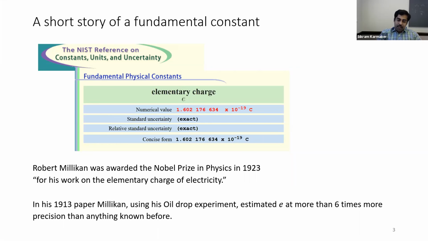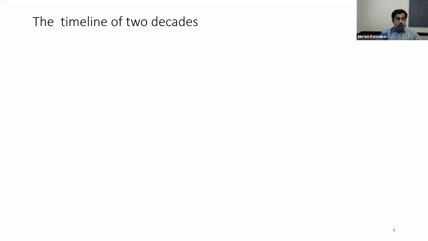Millikan was awarded the Nobel Prize in Physics in 1923 for his work on that. The citation read, for his work on the elementary charge of electricity.